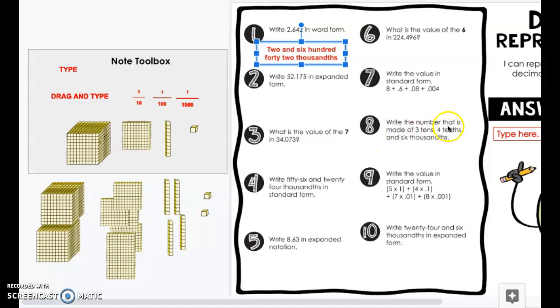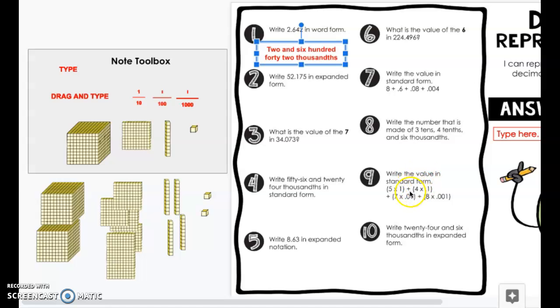Number 8. Write the number that is made of 3/10, 4/10, and 6/1000ths. Number 9.